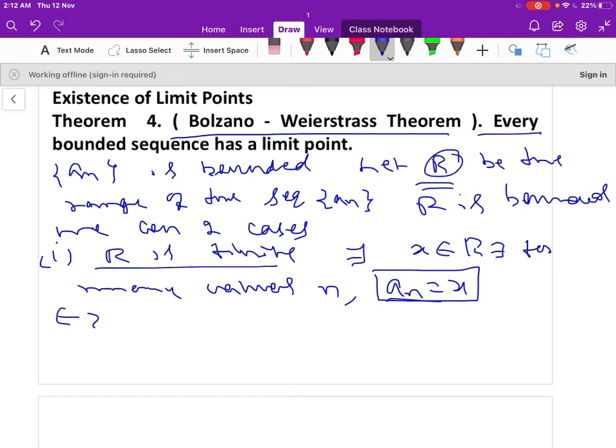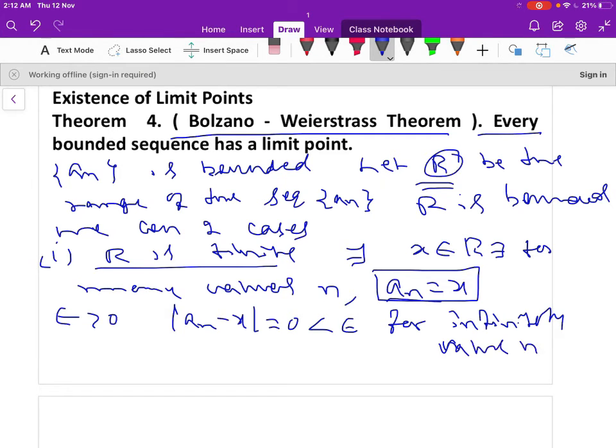Hence, for epsilon positive, modulus of a_n minus x, that is equal to 0, is less than epsilon for infinitely many values of n. Therefore, x is a limit point of the sequence a_n.